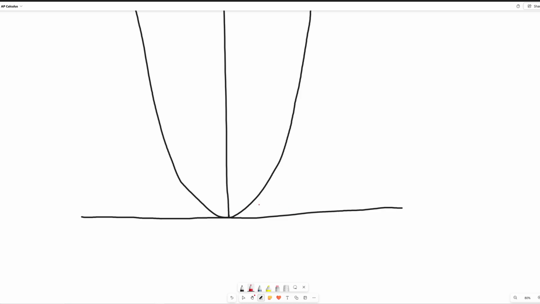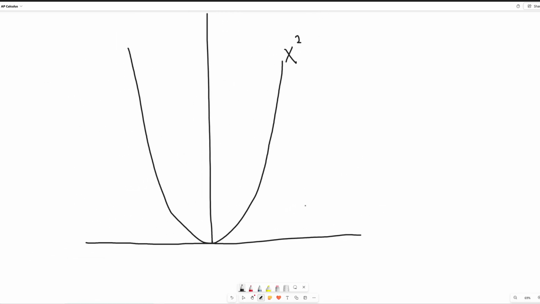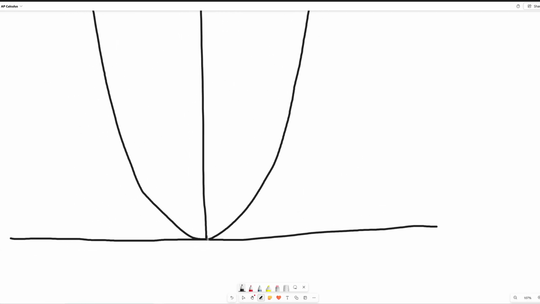The overestimate and underestimate actually depends on concavity for midpoint and trapezoid. So trapezoids are an overestimate when the function is concave up, and an underestimate when it is concave down. Midpoints are overestimates when it's concave down, and underestimates when it's concave up.